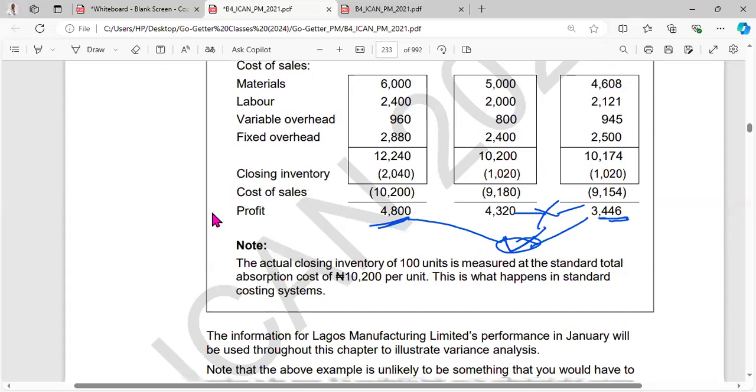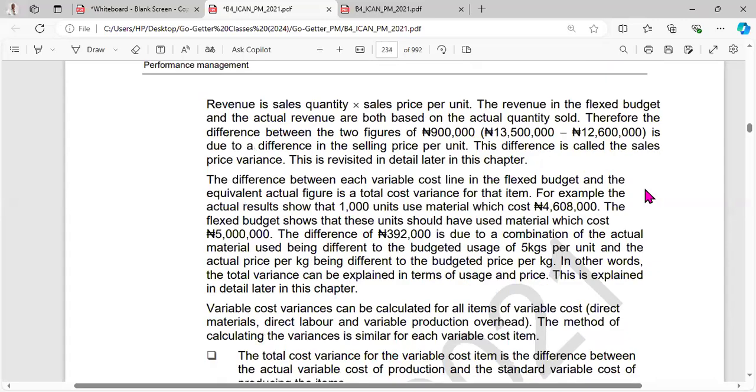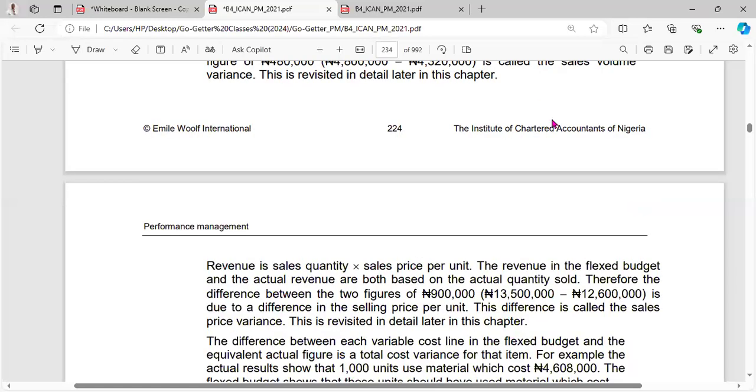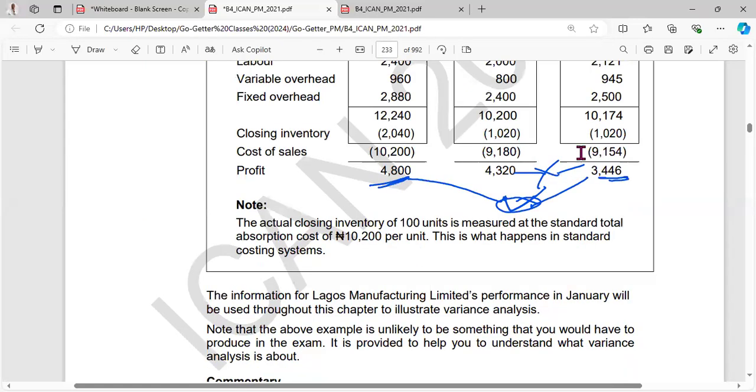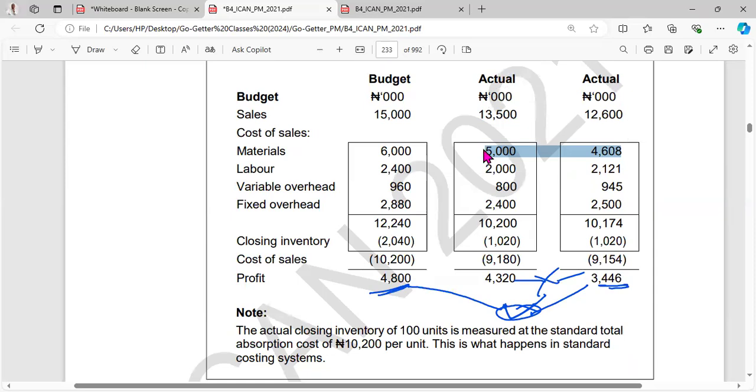Now, the difference between each variable cost line in the flexed budget and the equivalent figure in the actual column is called a total cost variance for that item. So what it means is when we are doing our variance, we'll be comparing this with this. If there's a difference in material, this is called total material variance.